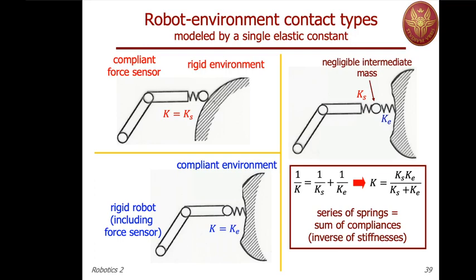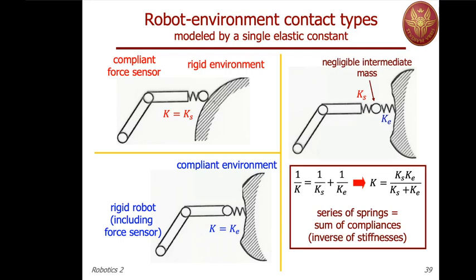So the gripper, which is beyond the force torque sensor, with respect to the payload, can be neglected. In this case, the approximation of having only one constant of elasticity at the contact is reasonable.